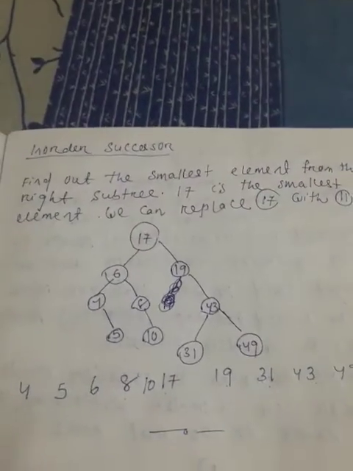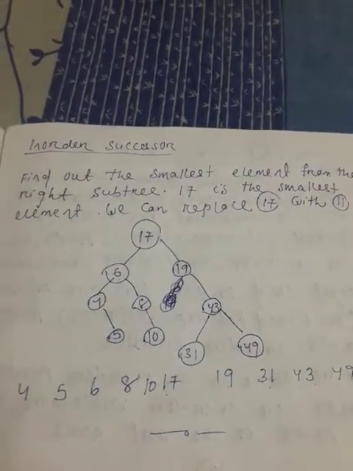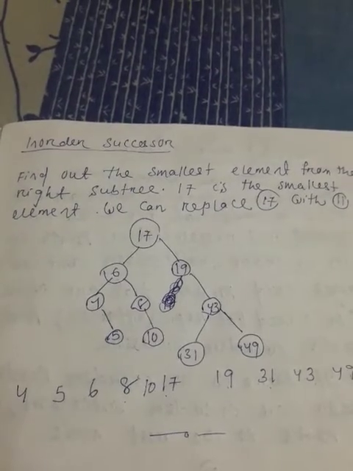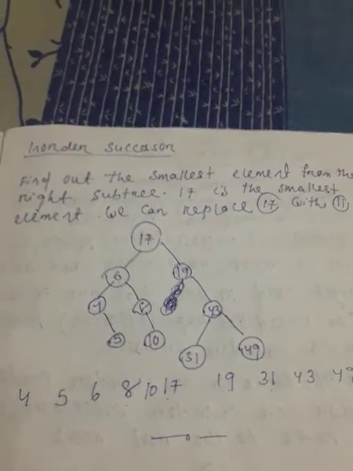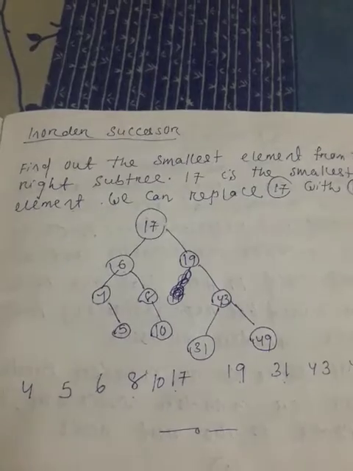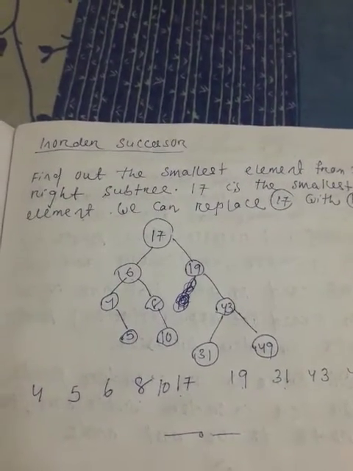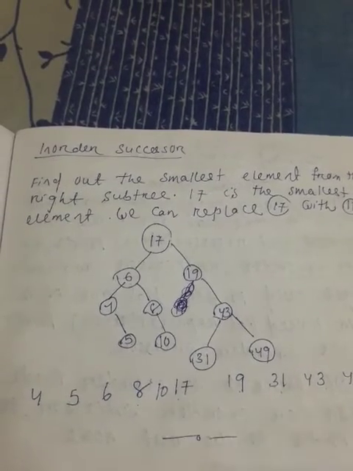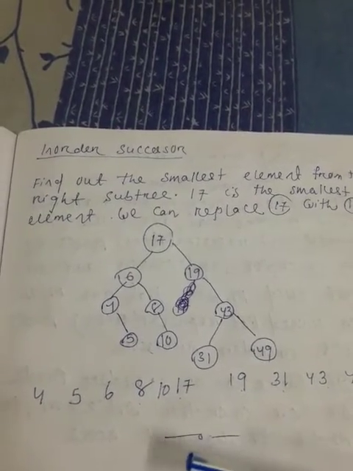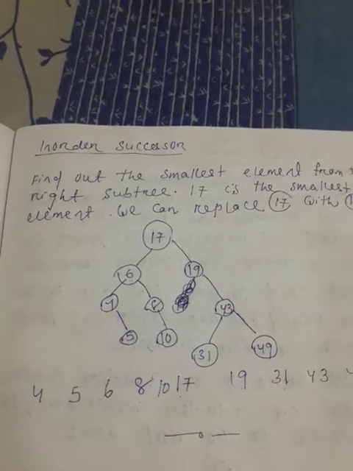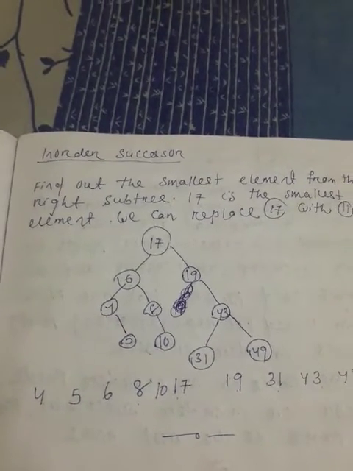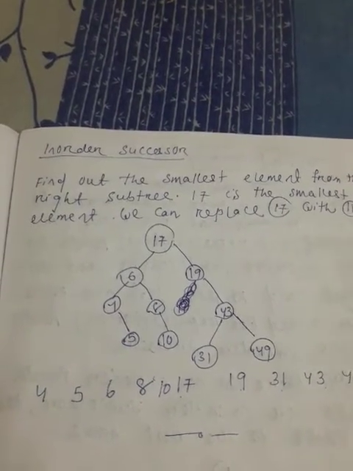We know that in a binary search tree, the value of the left subtree is less than or equal to that of the root, and the value of the right subtree is greater than that of the root.